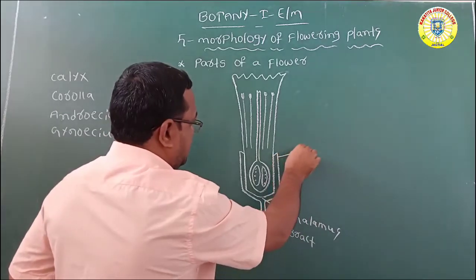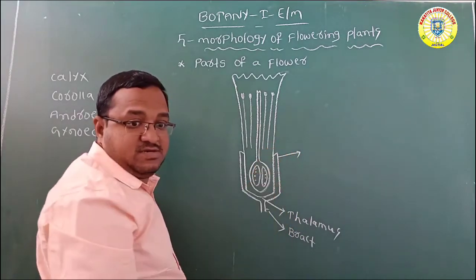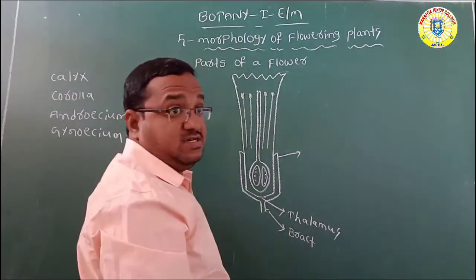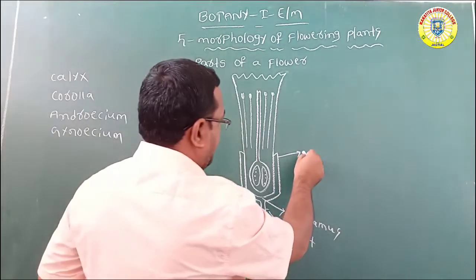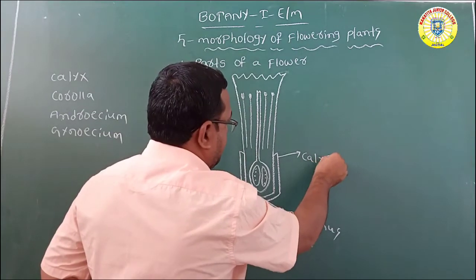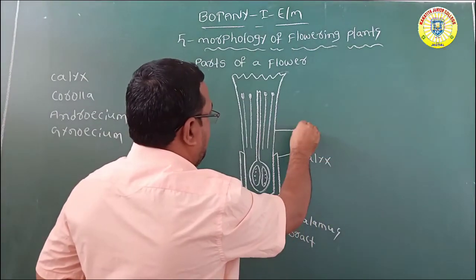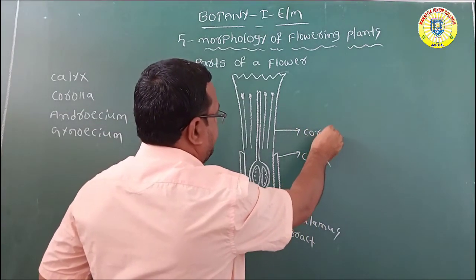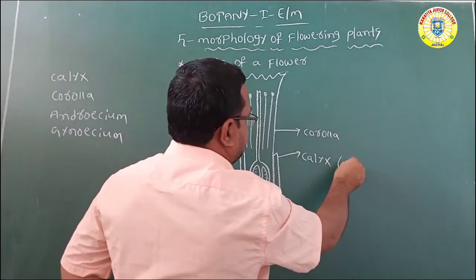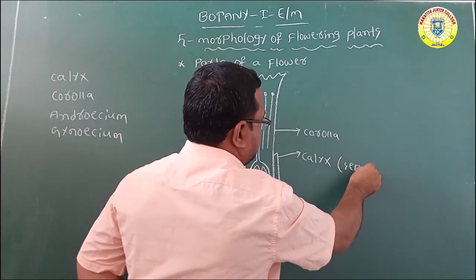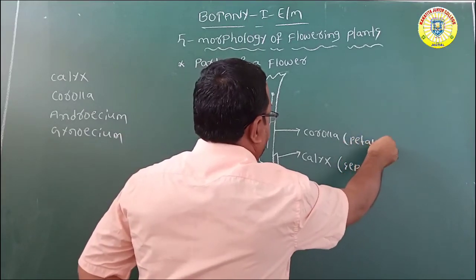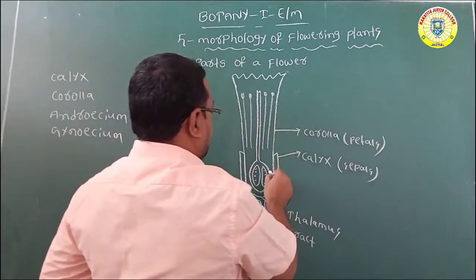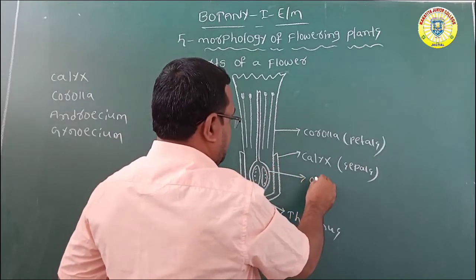This is the calyx. Calyx means sepals. Corolla means petals. This is the ovary.